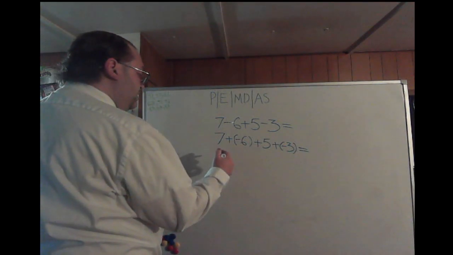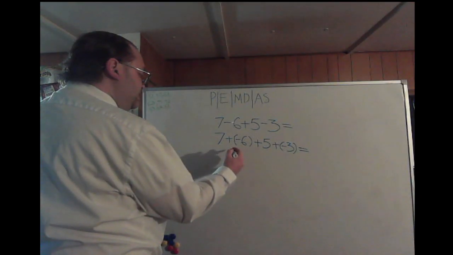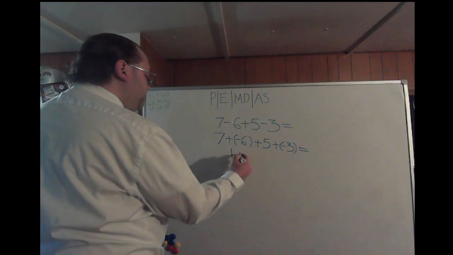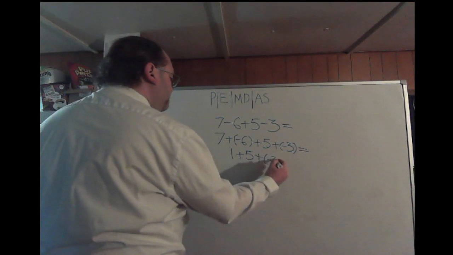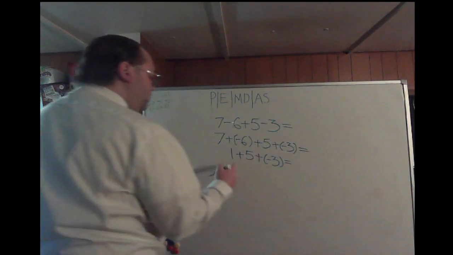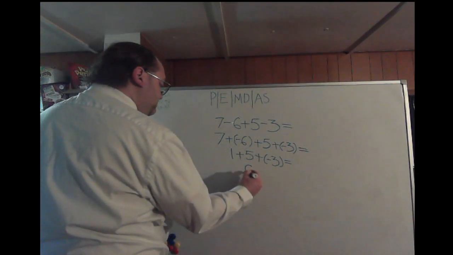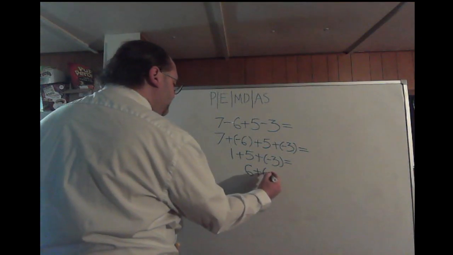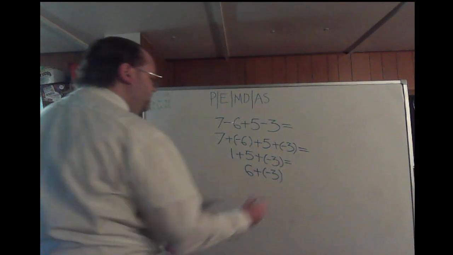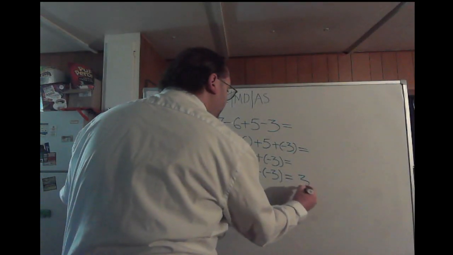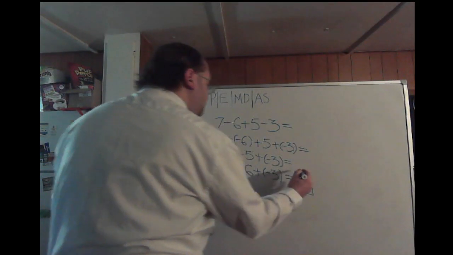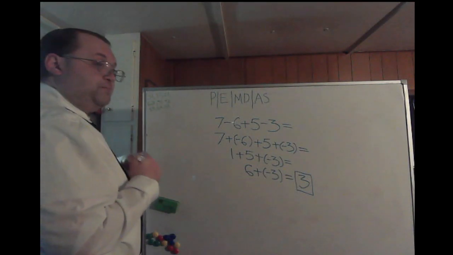So 7 plus negative 6, that would be 1. We'll still have plus 5 plus negative 3, right? 1 plus 5, that's 6, plus negative 3, because we're working from left to right. 6 plus negative 3, well, that's just positive 3. So your answer would be positive 3.